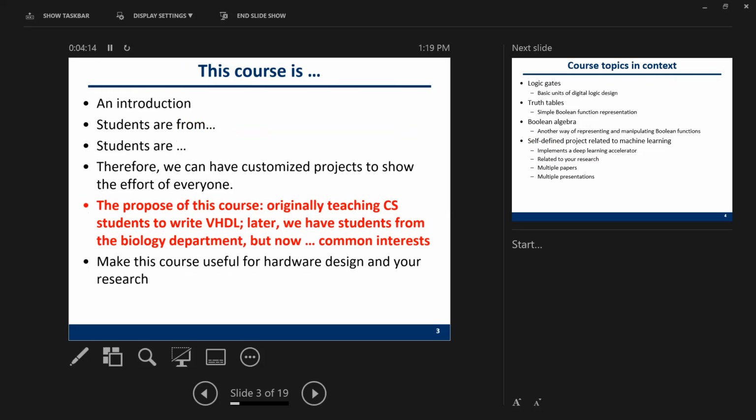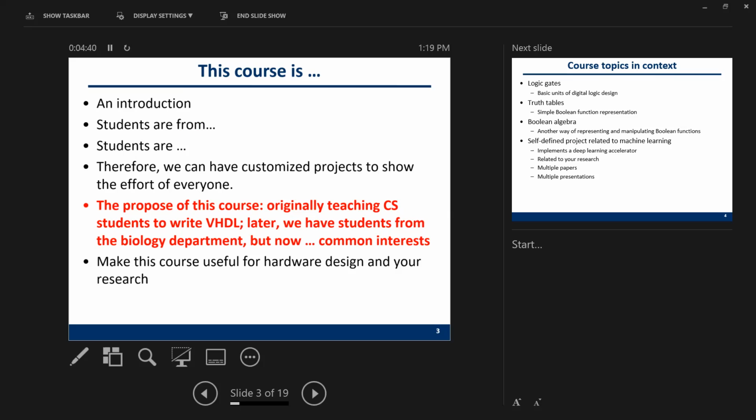So this is a very simple lecture. We only introduce some very basic circuit blocks. The aim of this course is to teach CS or physics students to write VHDL.